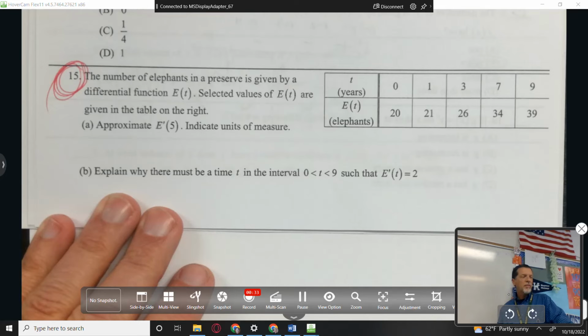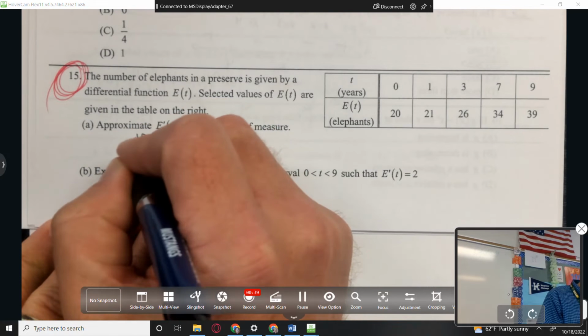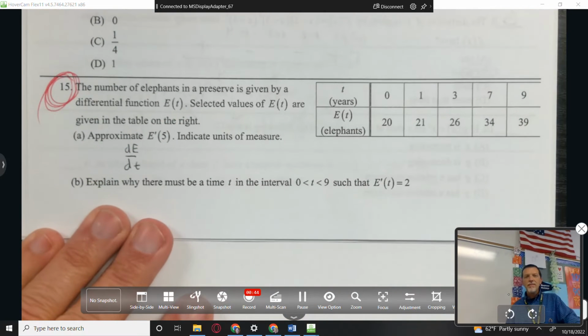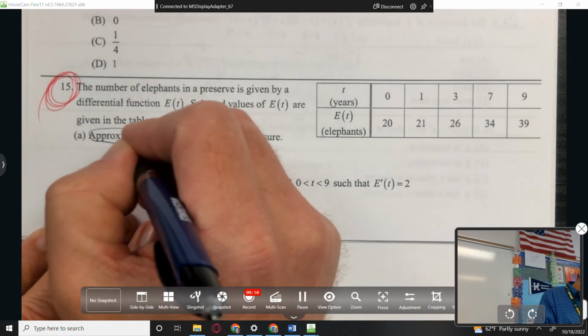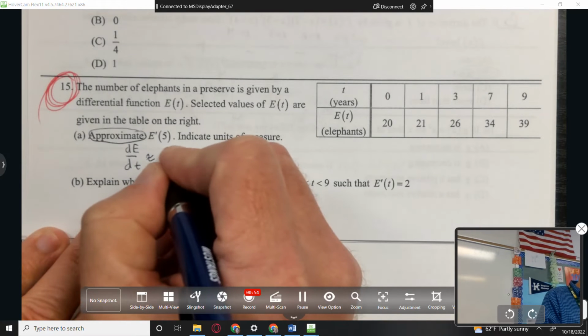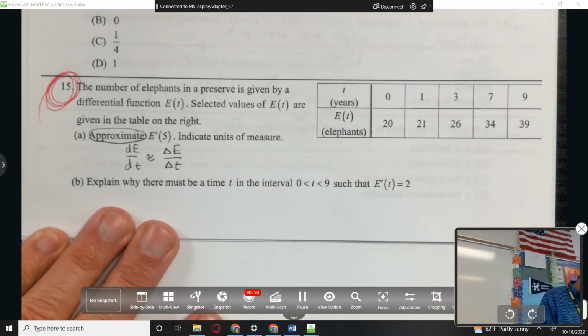E prime of 5. The derivative of E, dE/dt. Well, I don't have an equation to take a derivative of, but that's why it says approximate. I think dE/dt I could approximate with change in E over change in time.